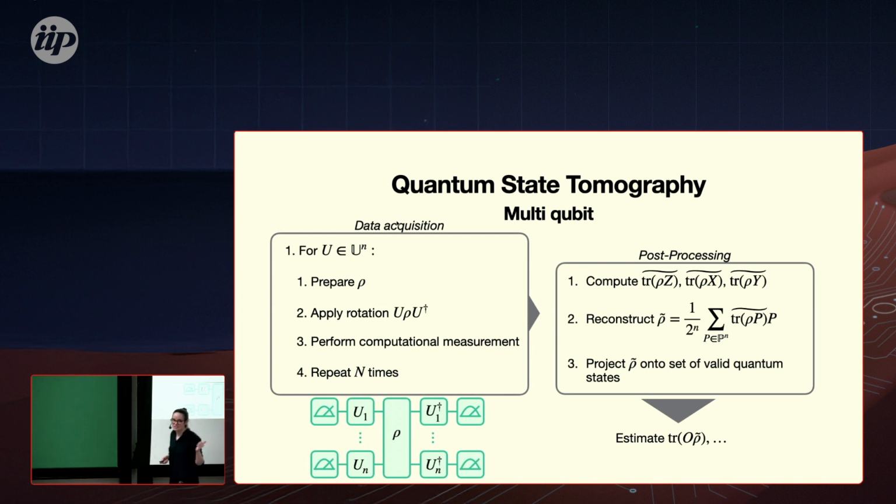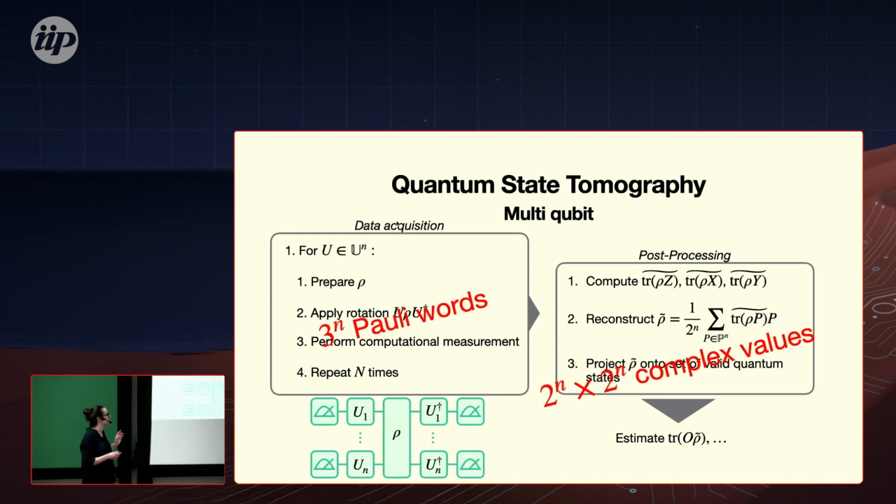And now you can see already this scales up exponentially in n in two places. The first place is we have to estimate 3 to the power of n many Pauli words, which is a lot. And then in the post-projection, first of all, we need to reconstruct a 2 to the power of n times 2 to the power of n matrix that has complex values.